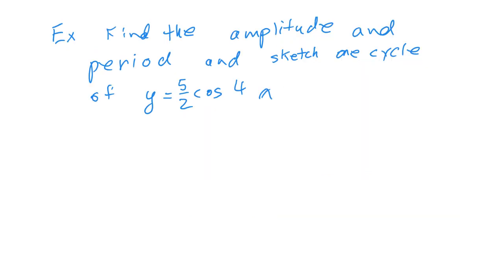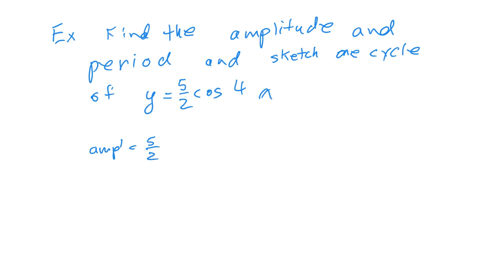And we're done. So right now what we're going to do is we're going to figure out how we're going to graph something like this. y is equal to 5/2 cosine of 4x. So you need to find the amplitude. The amplitude for this problem is going to be 5/2. Okay.